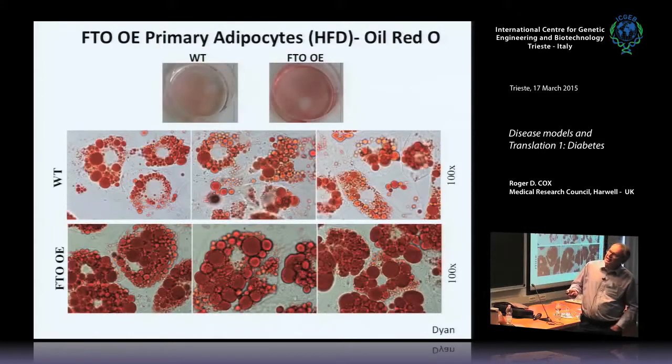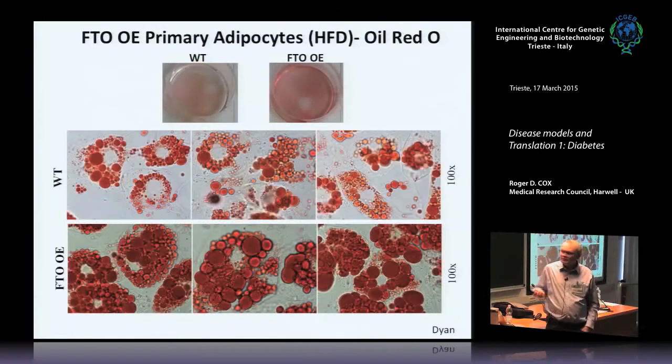So when you take out primary adipocytes from FTO overexpression mice that have been fed a high-fat diet and differentiate them in culture and then stain them with oil red O, which sticks to lipids, you can see in wild type there's some nice differentiation here and accumulation of lipid droplets. But in the overexpression mice, you see a very substantial increase in the amount of lipid.